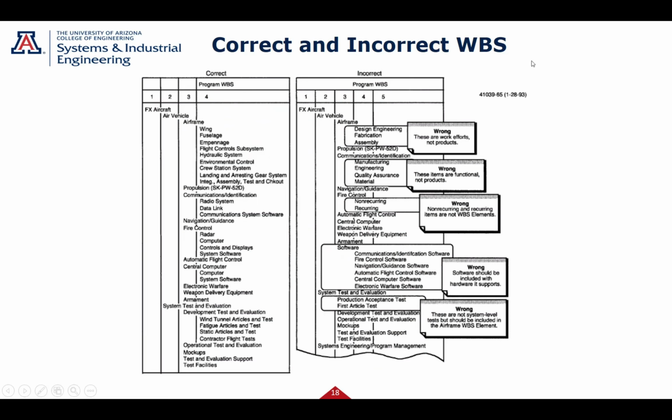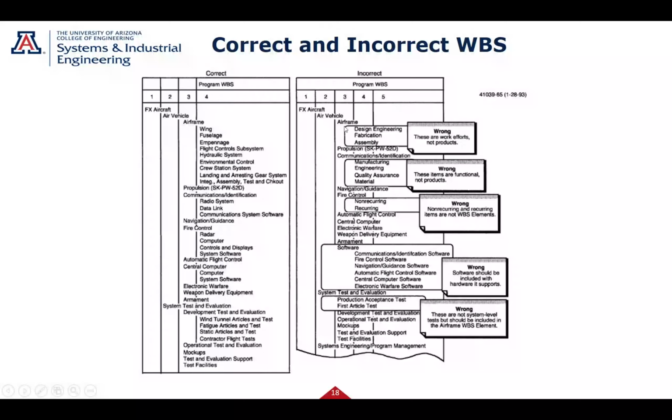So correct and incorrect WBS. Let's look at over here, airframe. There's our air vehicle, the wing, the fuselage, the flight control, the hydraulics, all these are nice packages. These are products within that airframe. That's a good way of doing it.